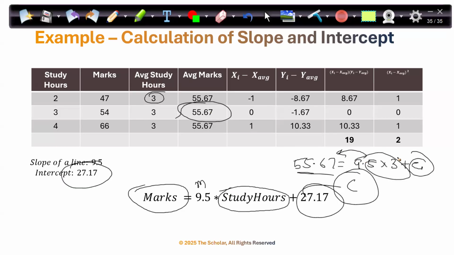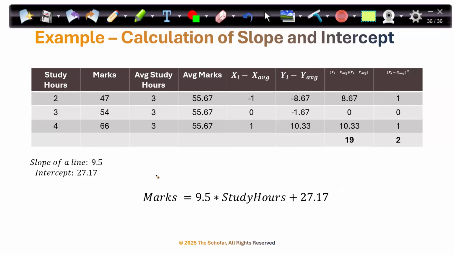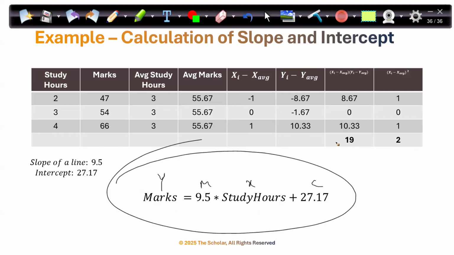C will be this minus this. So I got my y is equal to mx plus c, where y is my marks, m is my slope, x is my study hours, and c is my intercept. I got this equation.